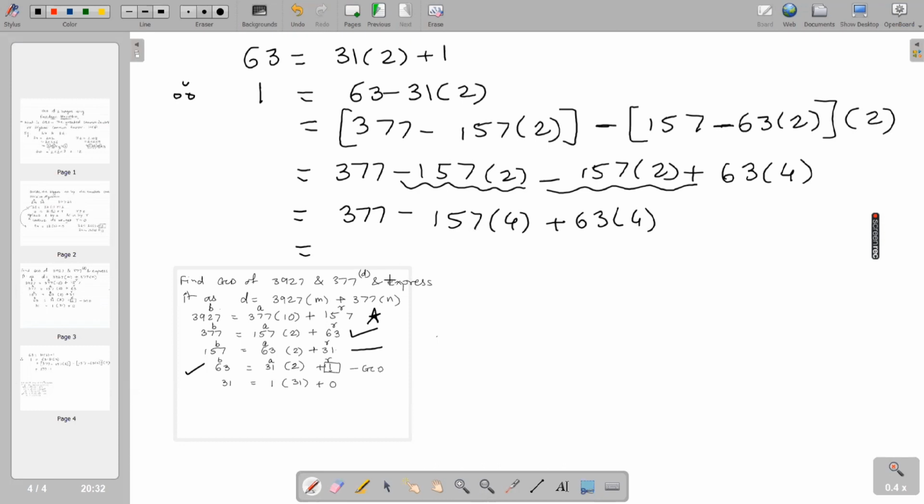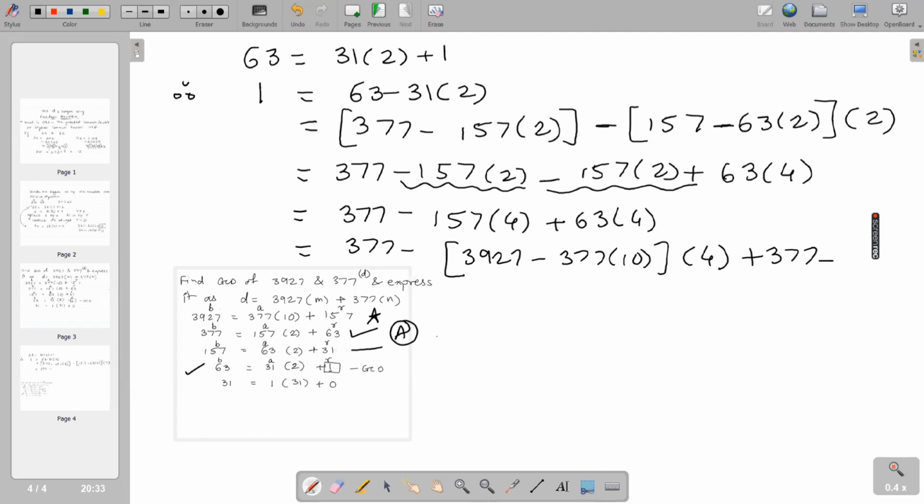And now I will make use of this star expression for 157. So 377 minus, for 157, I'm writing 3927 minus 377 into 10 and the entire thing into 4. Plus again for 63, I'm going to write this expression A. So for 63, I'm writing 377 minus 157 into 2.